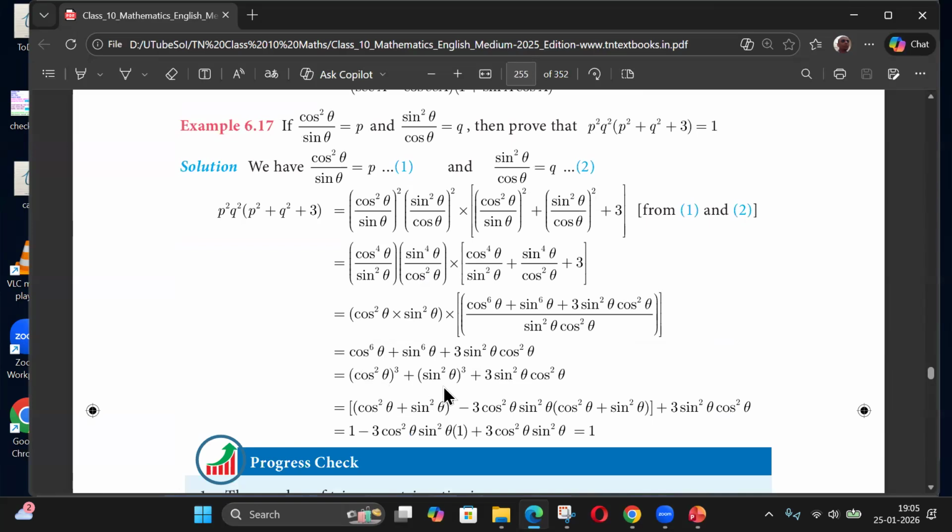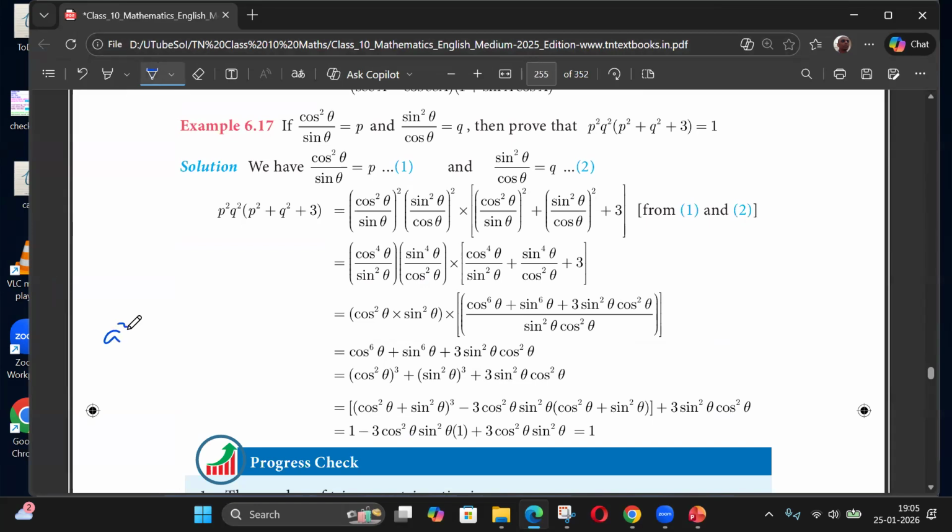Okay, sir. Here a cube plus b cube, a plus b. Here, what they have is a cube plus b cube plus 3ab. So a plus b whole cube would not be this one. Now they have written a plus b whole cube minus 3ab times this one, and this they have kept the same.